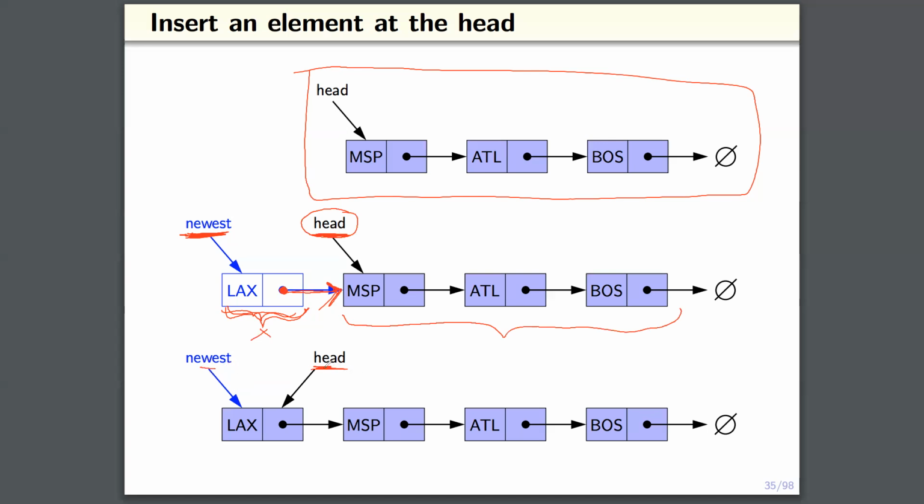That means the head will point to the object that newest is pointing to. Now, this entire thing is your singly linked list. So from here, you can start accessing all the nodes, right? You have inserted a new node just before head at the first position. Problem fixed. So any questions here?